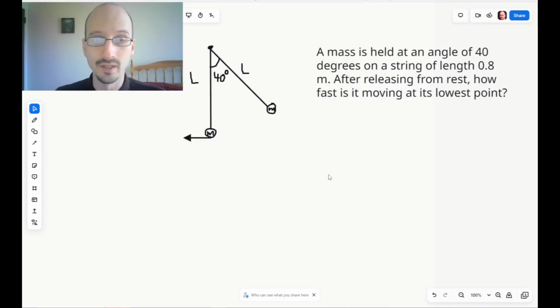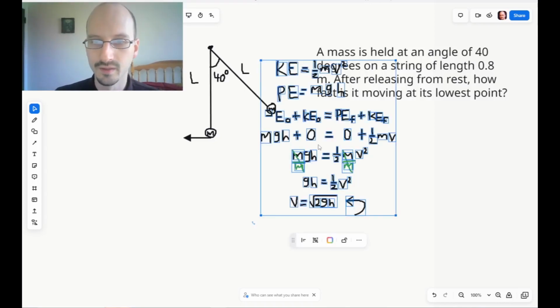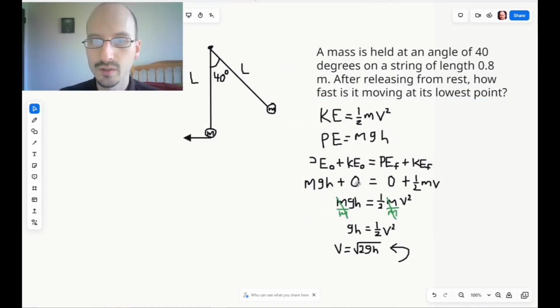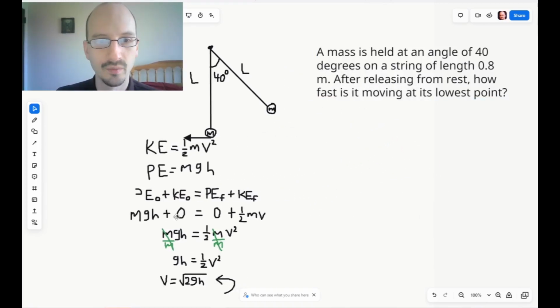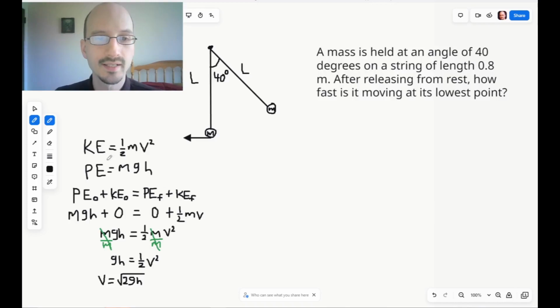So for this one, it turns out we can use a lot of the reasoning we already have. So if we write down the kinetic energy, potential energy expressions, and we write down the conservation of energy equation, substitute the expressions, do the algebra, we end up with the same v equals square root 2gh.